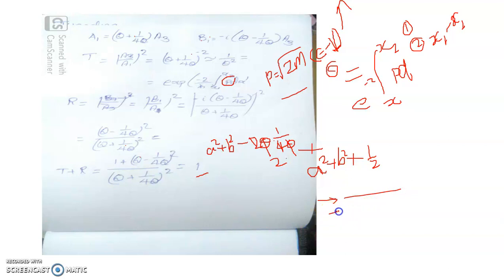The second possible question is: describe the principle of WKB approximation. And a third possible question in the short answer section is: describe the Bohr-Sommerfeld quantization principle.